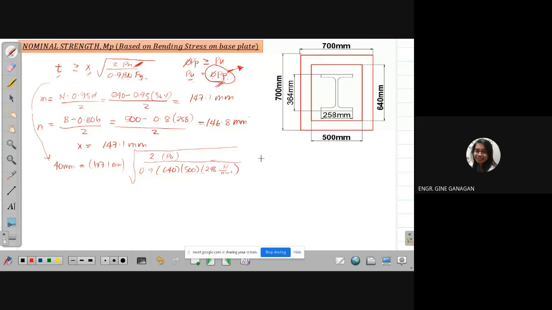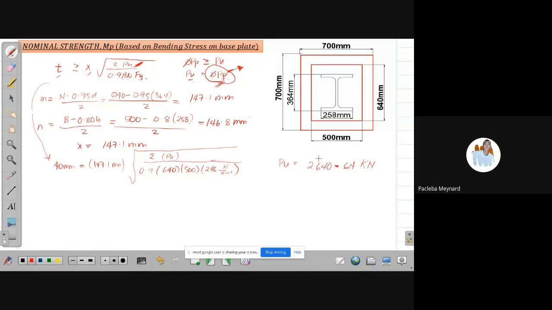So ano yung magiging value natin for our PU? 2640.64. That is in kilo Newton.